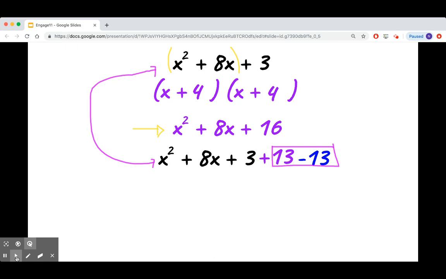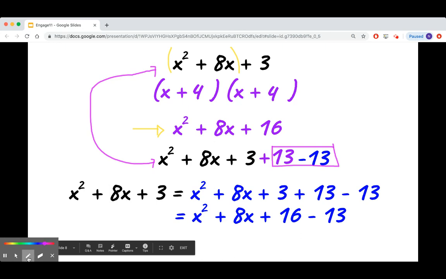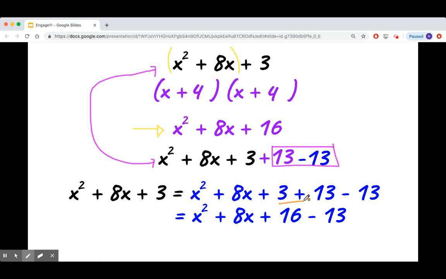However, if I add my 13 to 3, I end up with x squared plus 8x plus 16. So you can see that I simply combined 3 and 13, and I left minus 13 on its own.